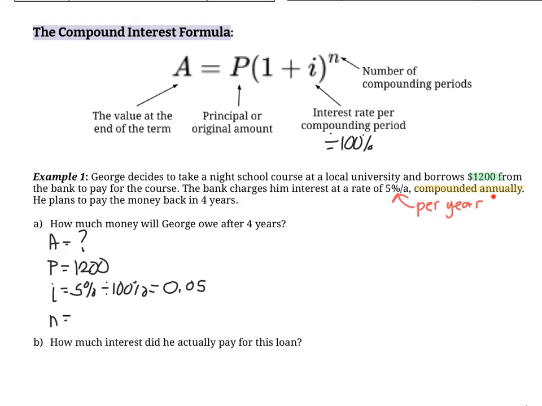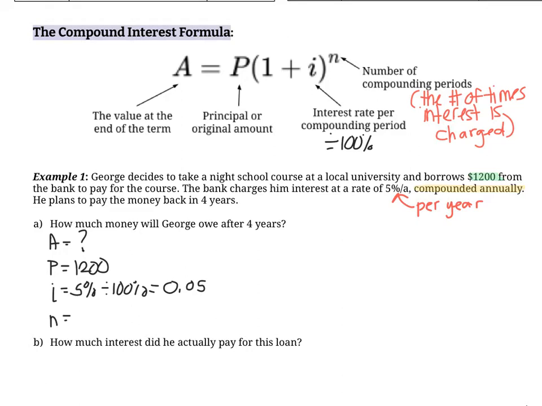That means that interest is charged once a year. We're going to talk about compounding periods next, but all we need to know right now is that we get charged 5% per year. N stands for the number of compounding periods. Another way to think of this is that it's the number of times that interest is charged. So if interest is charged annually, that's what that means.